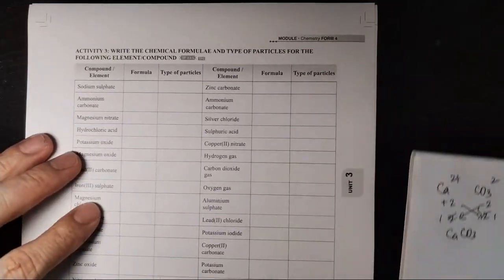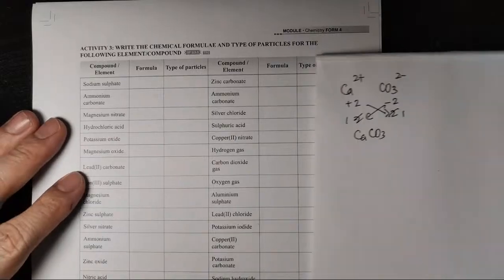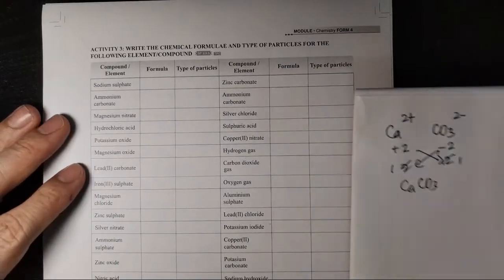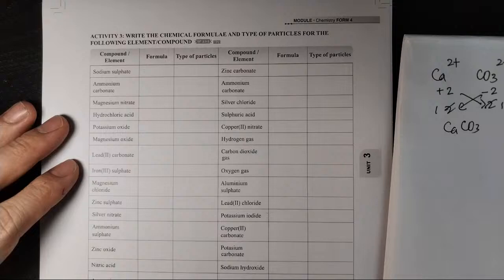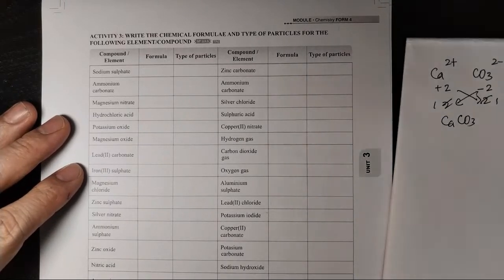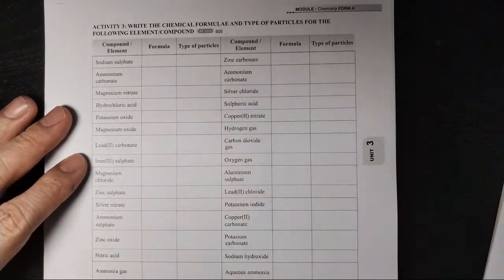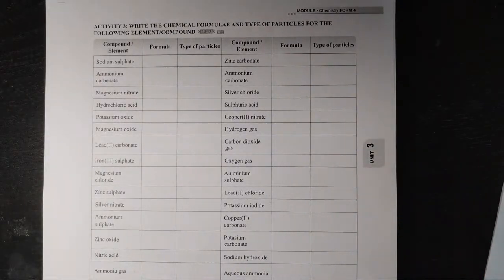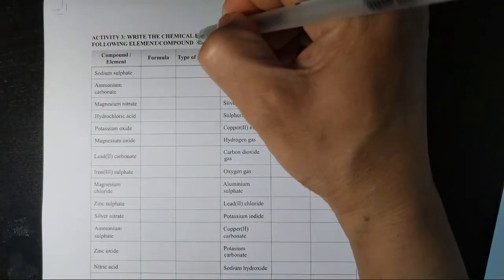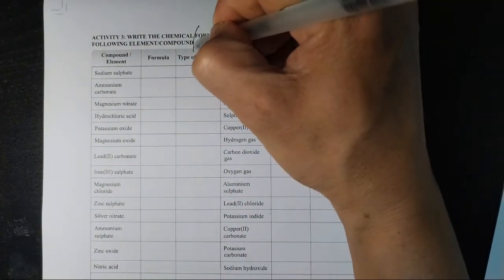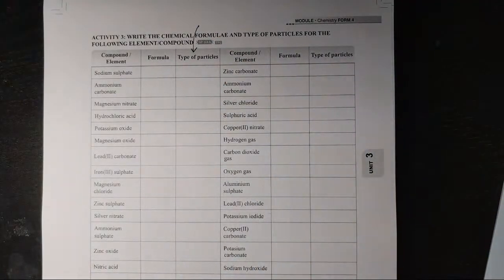Okay, next is this one, page 30 or 43. It is almost the same actually. The formula, and then you need to mention what type of particles. So class, when we talk about the particles, what is the answer you are supposed to write down?